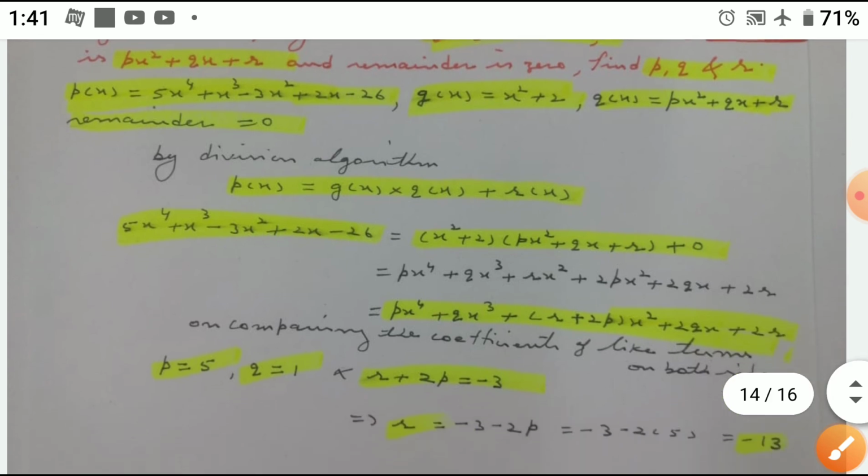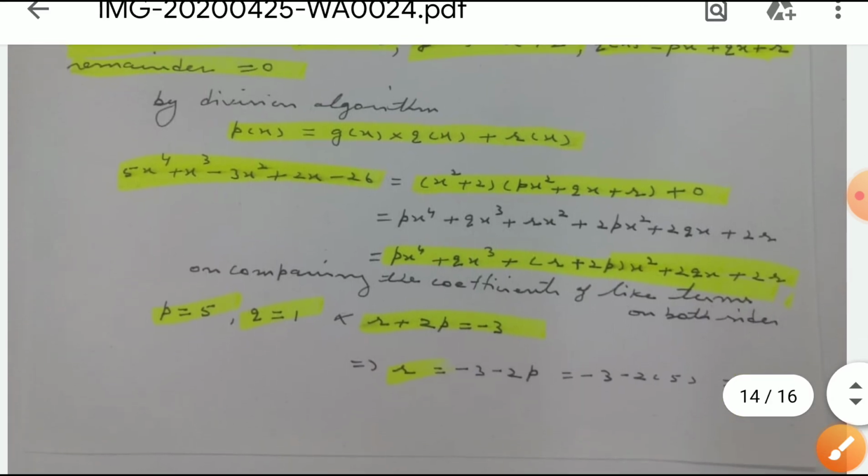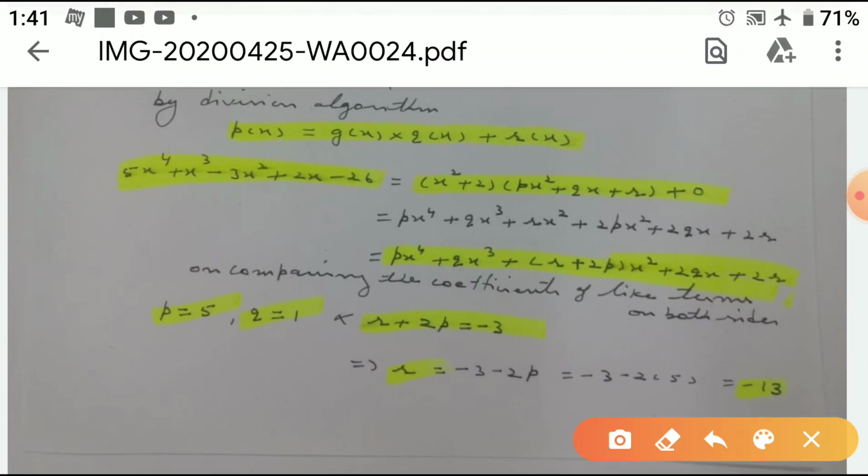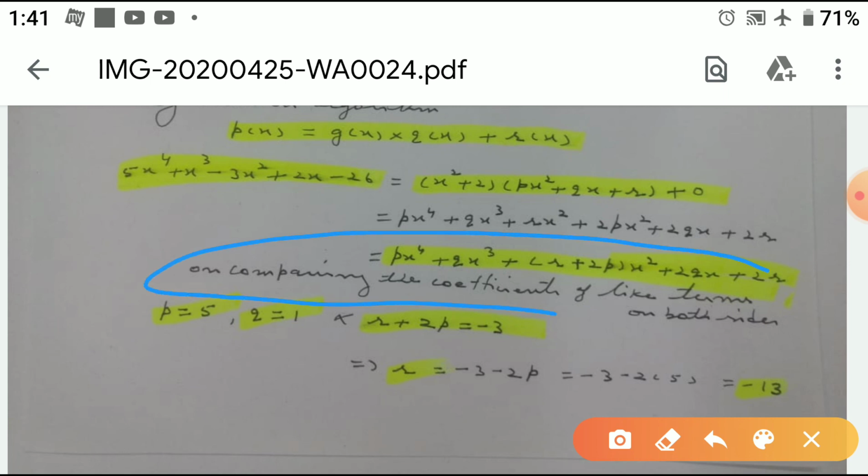Now on comparing the coefficients of like terms on both sides, we get p is equal to 5. Look at this. We get q is equal to 1, right?